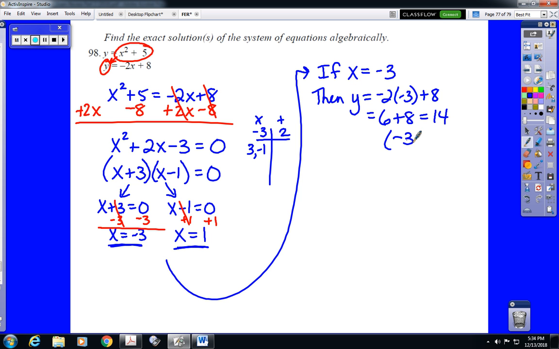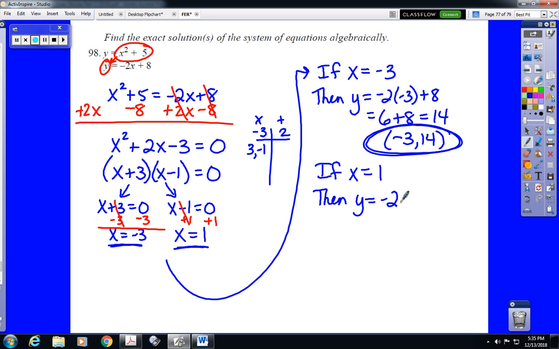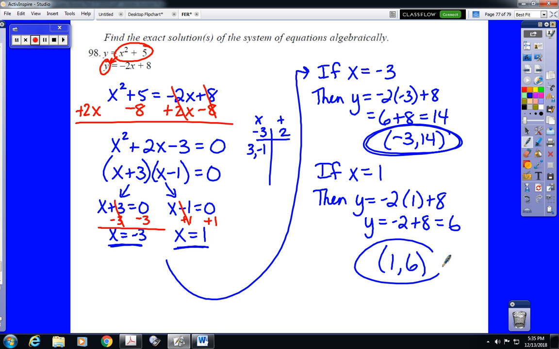So my first answer is negative 3, 14. I'm then going to repeat those steps for the other x value. So if x equals 1, then y equals negative 2 times 1 plus 8, which would be negative 2 plus 8, or 6, meaning my second answer is 1, 6.